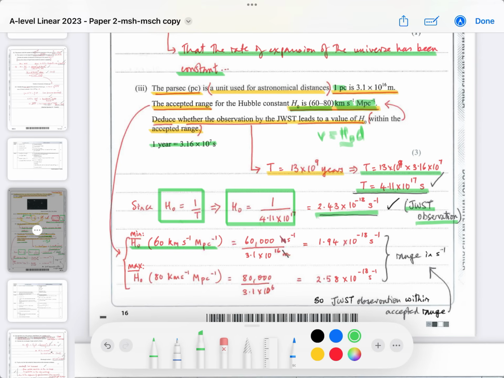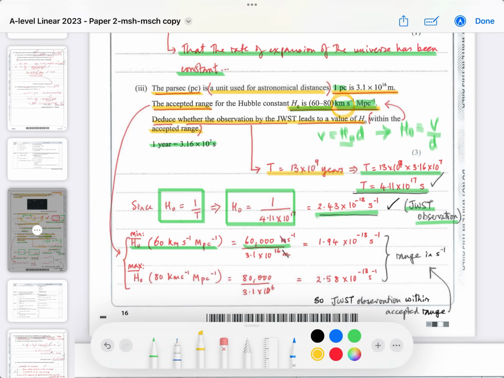So you can say that H naught is v over d. So we have to say 60 v is 60,000 meters per second, because it tells you it's kilometers per second.